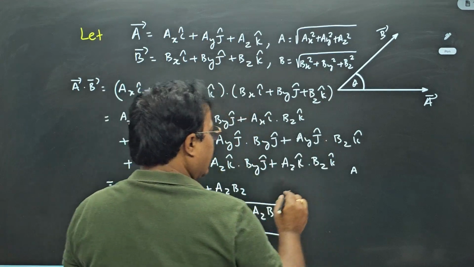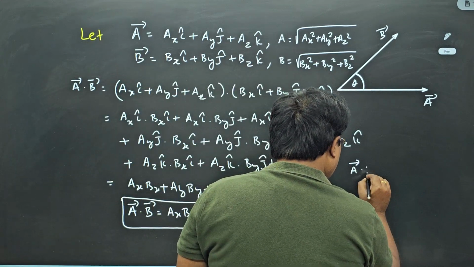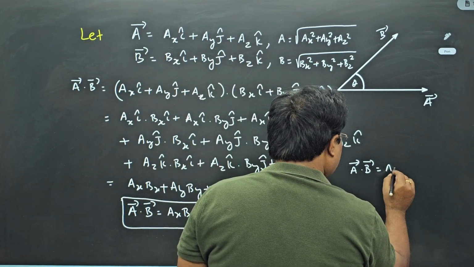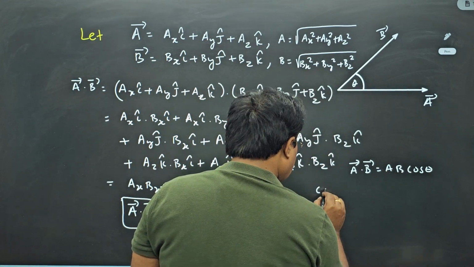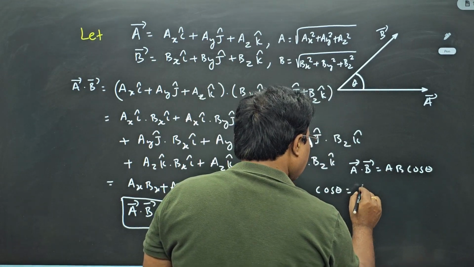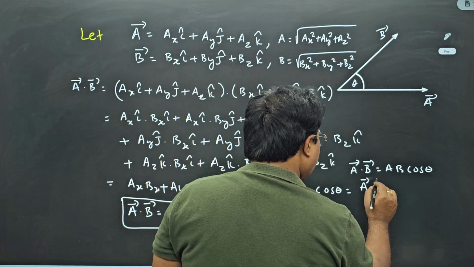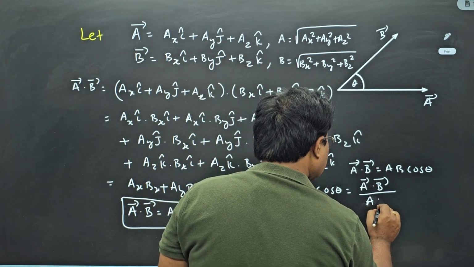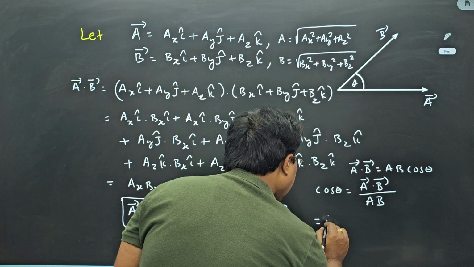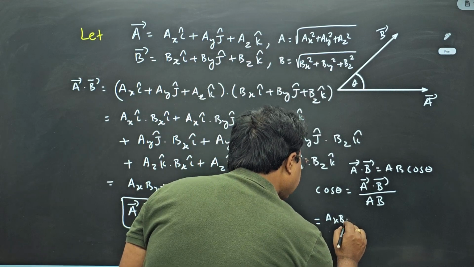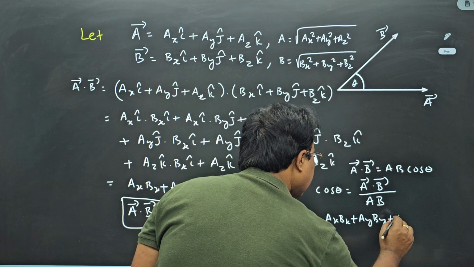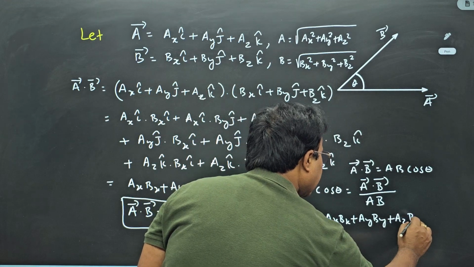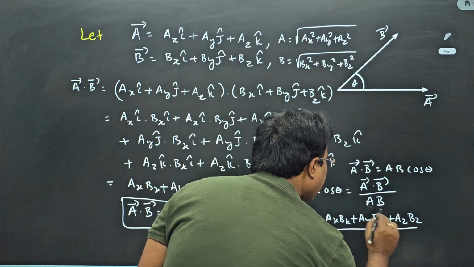Okay, my dear students, what we have read right now, a dot b is equal to ab cos theta. What is cos theta, my dear students? Cos theta is equal to a dot b divided by magnitude of a into magnitude of b. What is a dot b? a dot b becomes ax bx plus ay by plus az bz, divided by magnitude of a.